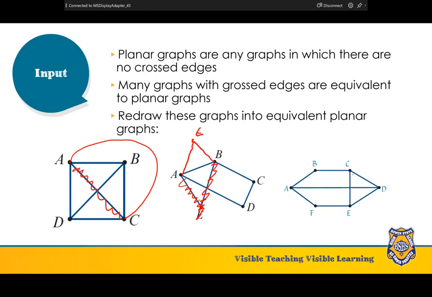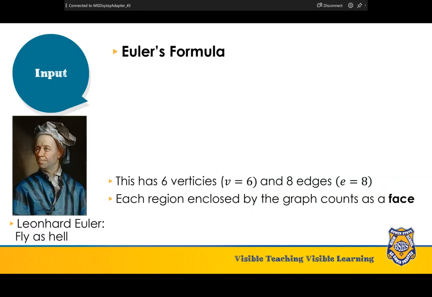And for this one, I'm going to delete an edge and move it. Ah, yes, you move the D inside. Yep, that is a perfectly fine way to do it. Okay, so, whoops, I've jumped ahead.